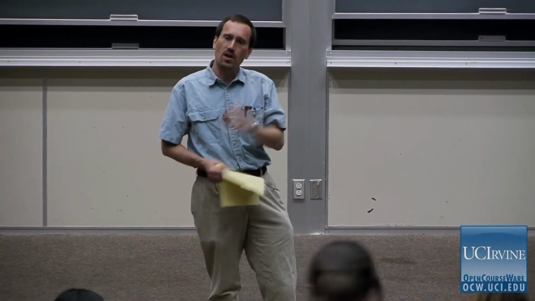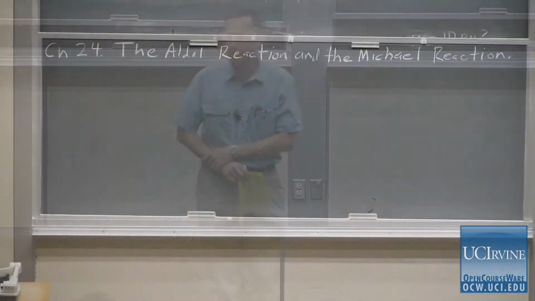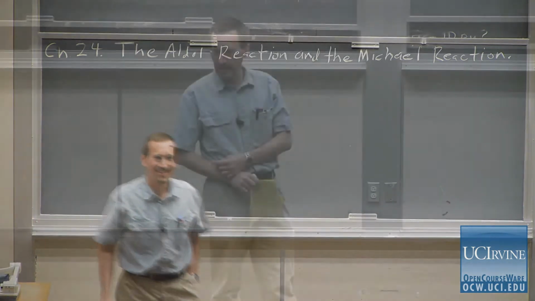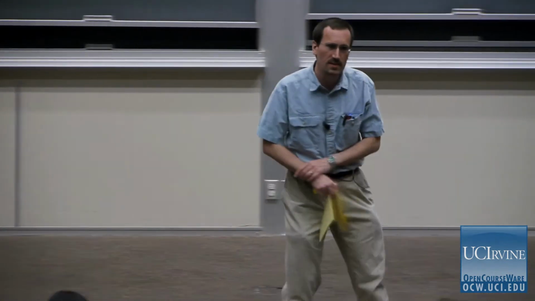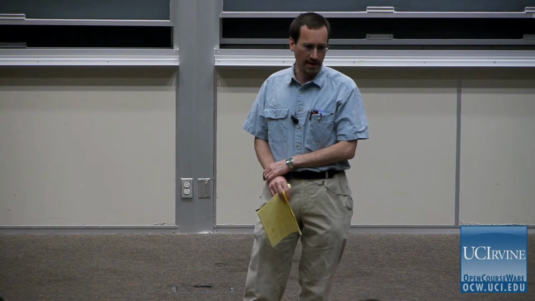And this is the carbonyl chemistry of various types of carbonyl condensation reactions: the Aldol reaction, the Michael addition, the Claisen condensation, the Robinson annulation reaction, the intramolecular Claisen called the Dieckmann cyclization, the intramolecular Aldol reaction.